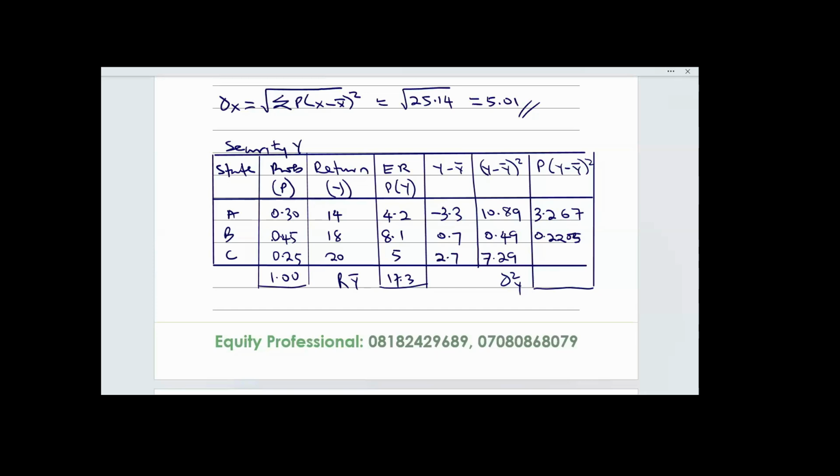So multiply by 0.25, 1.8225. Yes. Add it up. What do you have? 5.31. 5.31 is the variance of security Y.